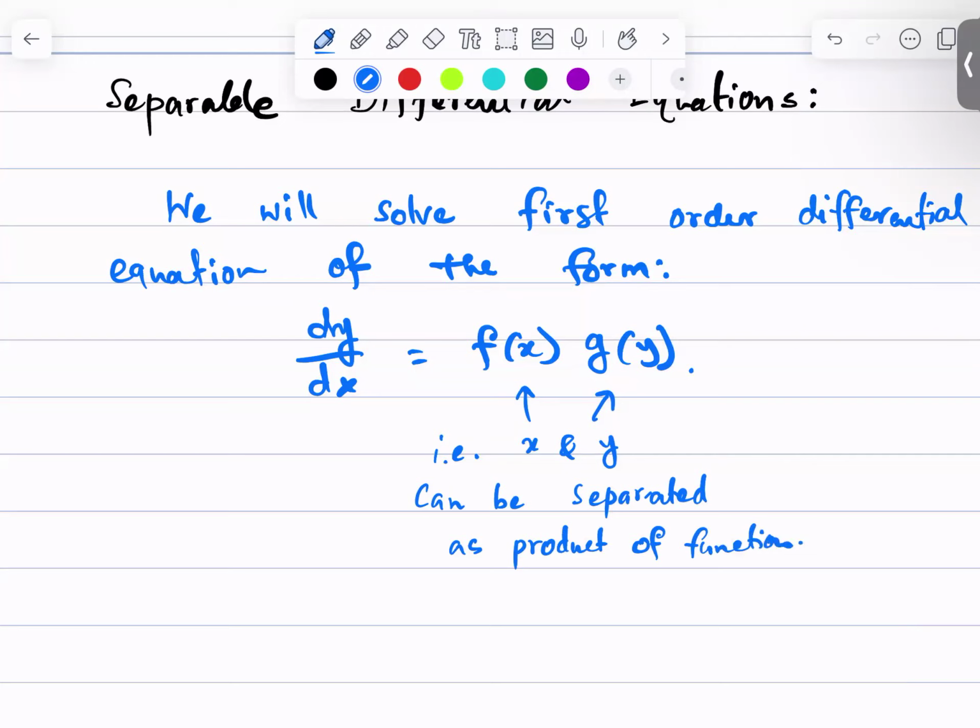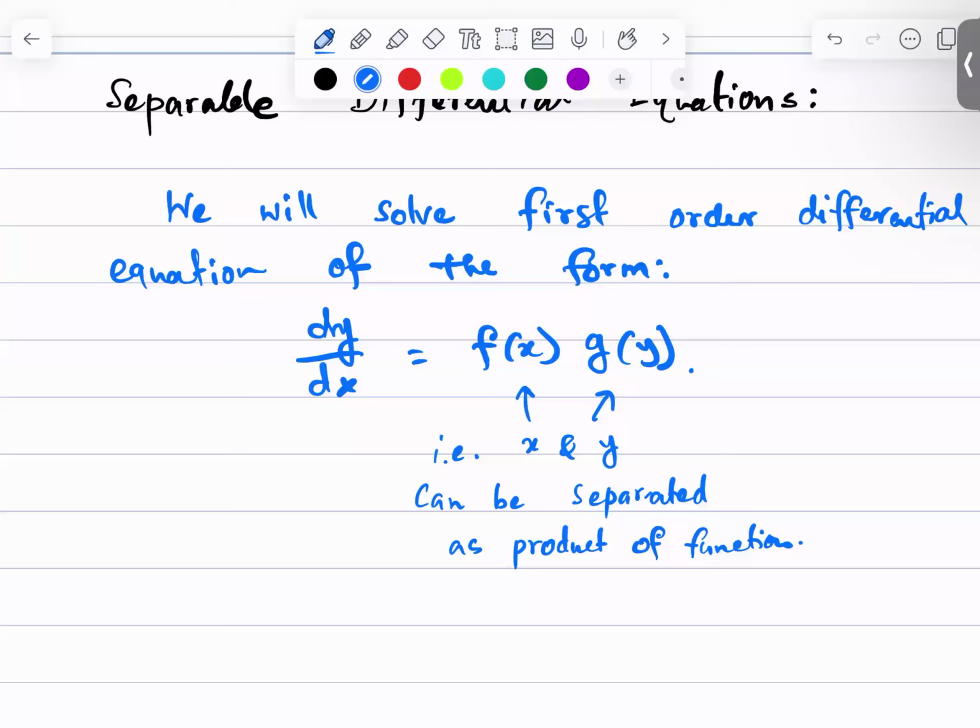This type of differential equation has a technique to solve it, and those are called separable differential equations. The name comes from the fact that we can separate out the x and y part on the right hand side of the differential equation.